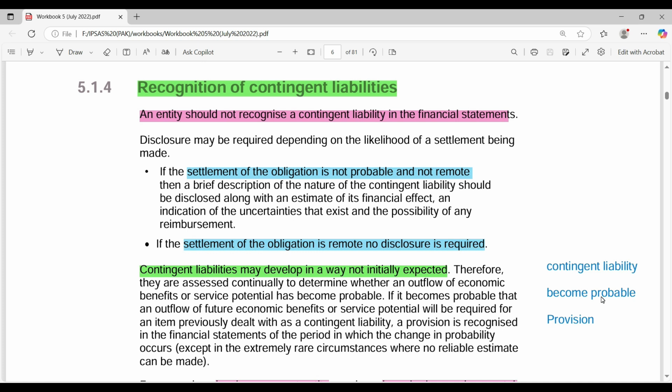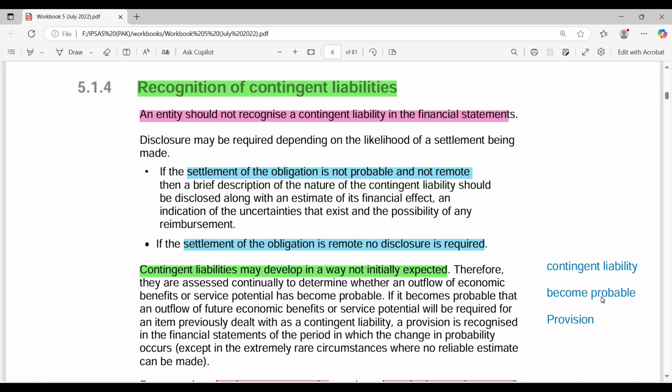If the settlement of the obligation is not probable and not remote, then a brief description of the nature of the contingent liability should be disclosed along with an estimate of its financial effect, an indication of the uncertainties that exist and the possibility of any reimbursement.